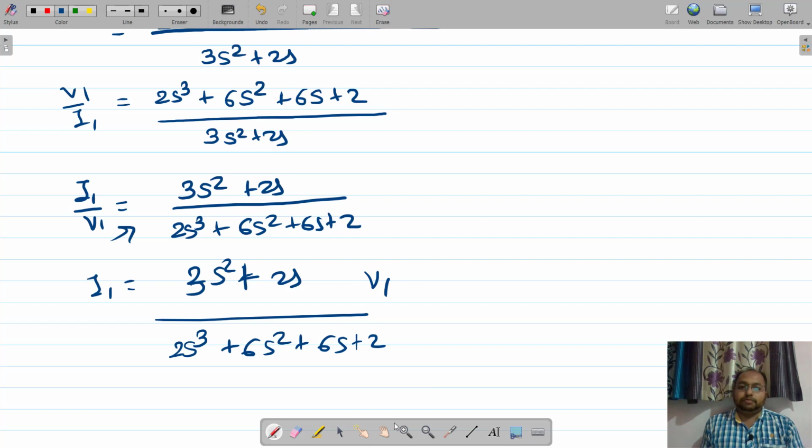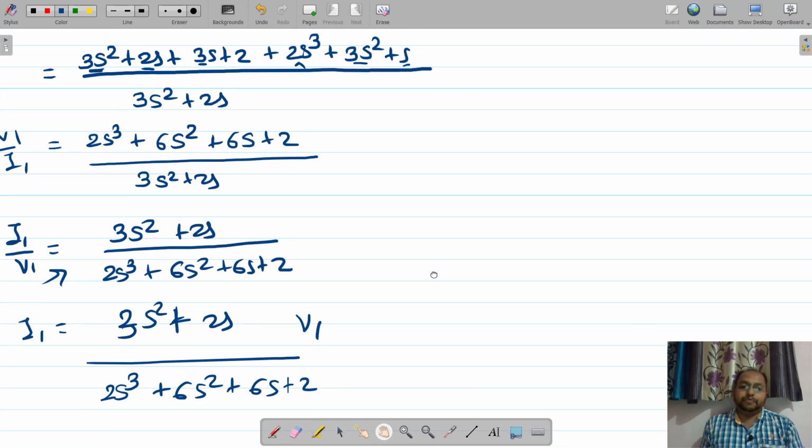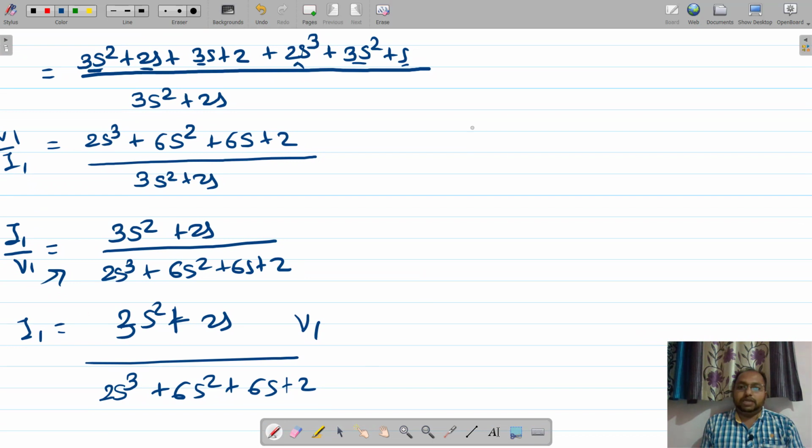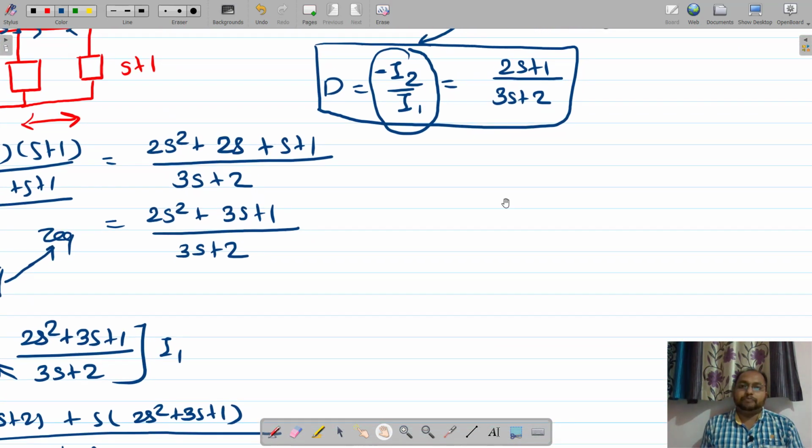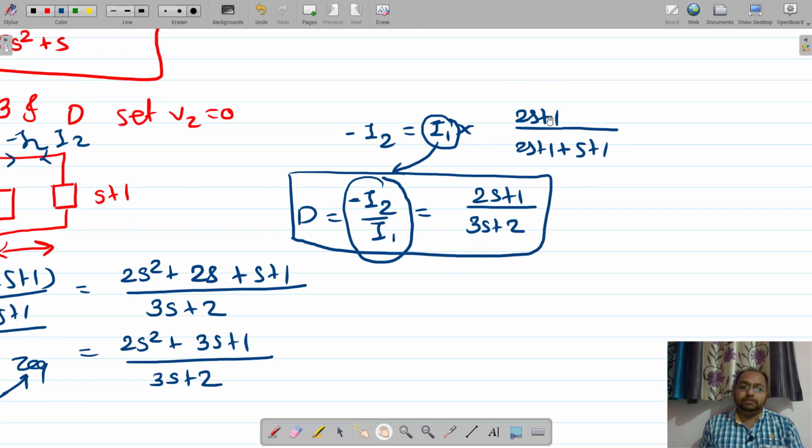Now we are going to use this in this: minus I2 is equal to I1 into (2s plus 1) divided by (3s plus 2). We have taken this one, and now we are going to put I1 in that particular equation.